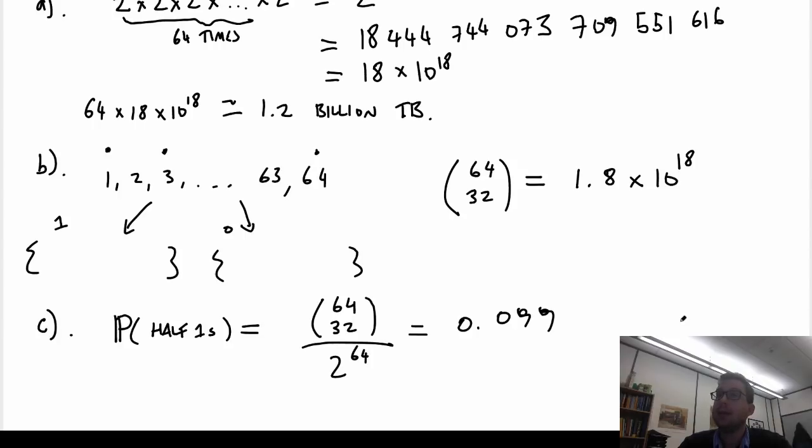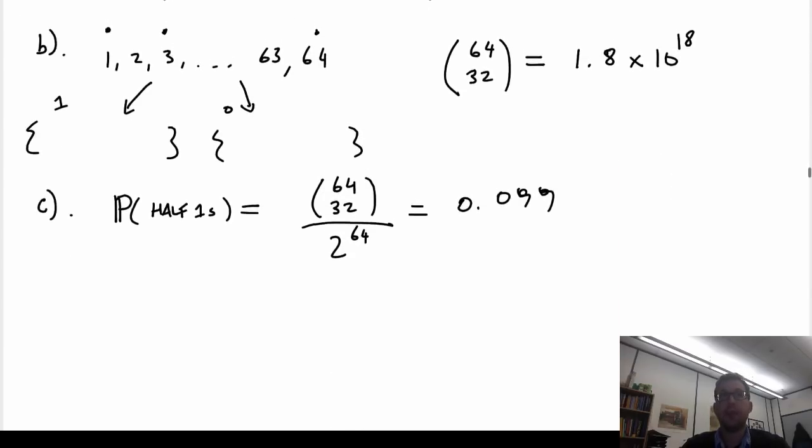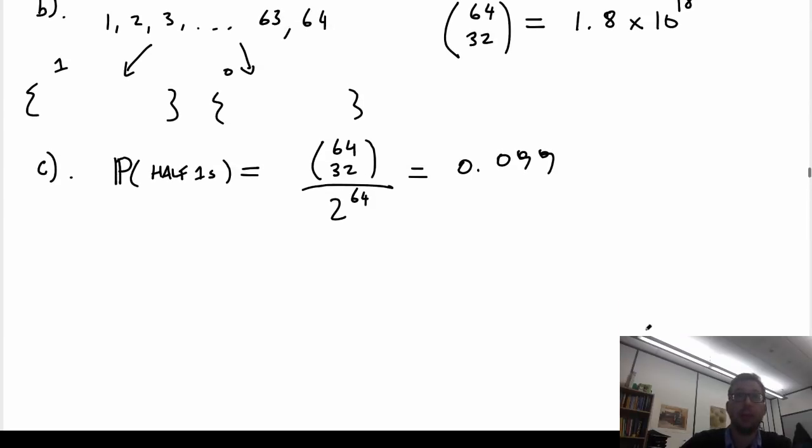So quite a sizable fraction of this ginormous 1.2 billion terabyte database consists of things where half the digits are ones and half the digits are zeros. Another thing to note about this, which will come up a bit later in the course, is that if I take 1 divided by the square root of pi times 32, I get about the same answer.